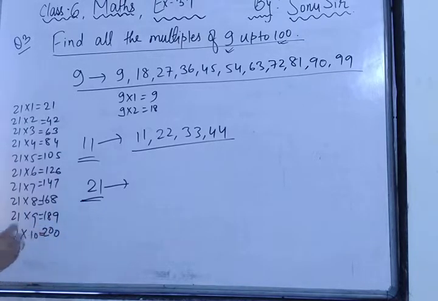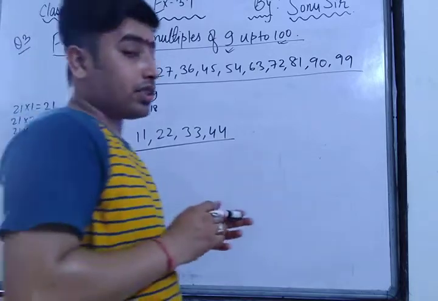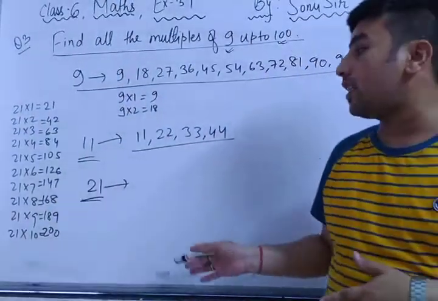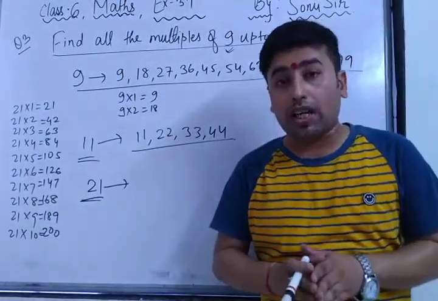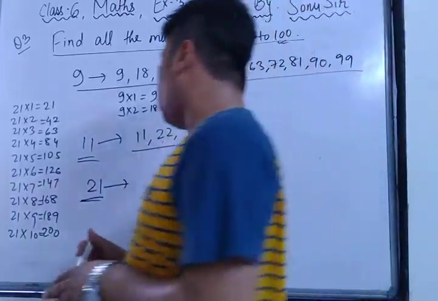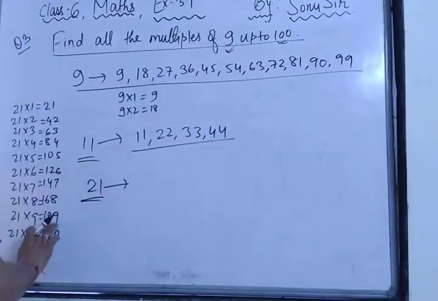So you can see here, this is the table of 21. I have just asked you to write the multiples of 21 up to 200. So up to 200, 210, sorry, here it will be 210. So what will be the multiples of 21?